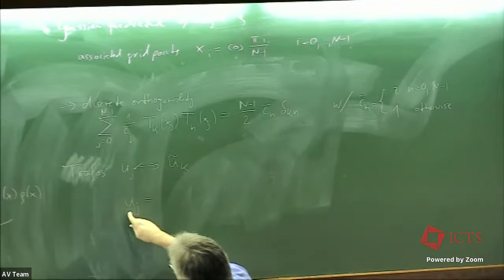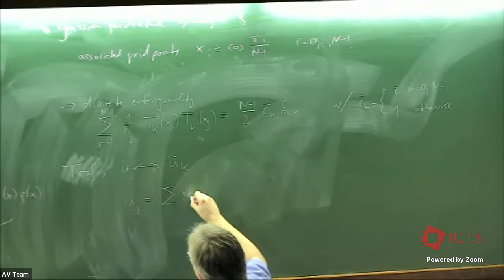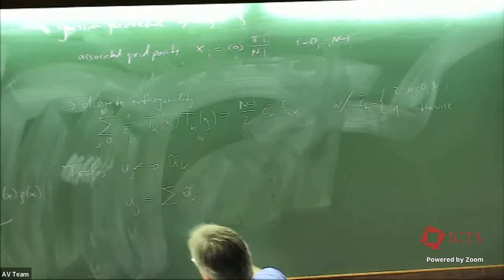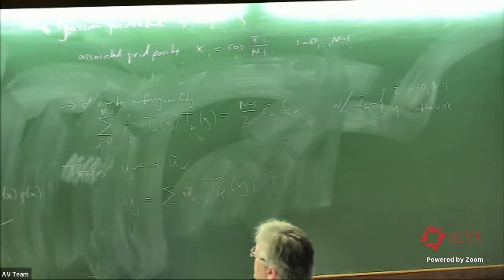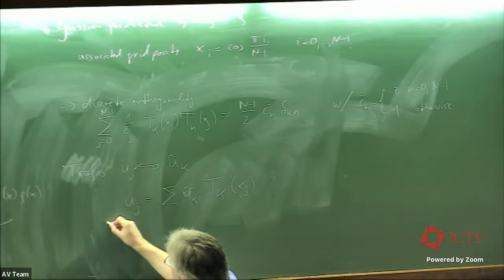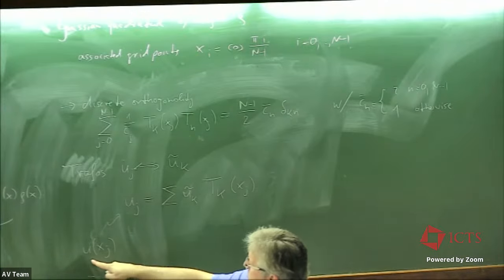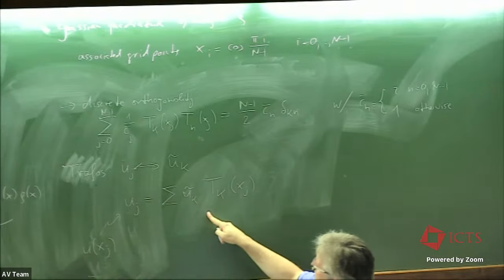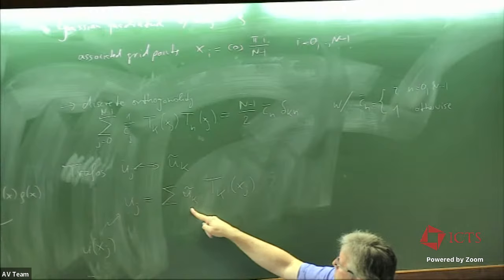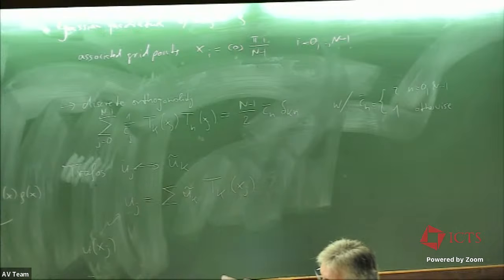The grid point value is just the definition: u_j is, as always, u at x_j, equal to the sum of u-tilde_k T_k of x_j. And if we want to get u at any position x, what we do is we sum up our series. So this is going to be the sum of the coefficients times the Chebyshev polynomials at the relevant points. No big surprise so far.